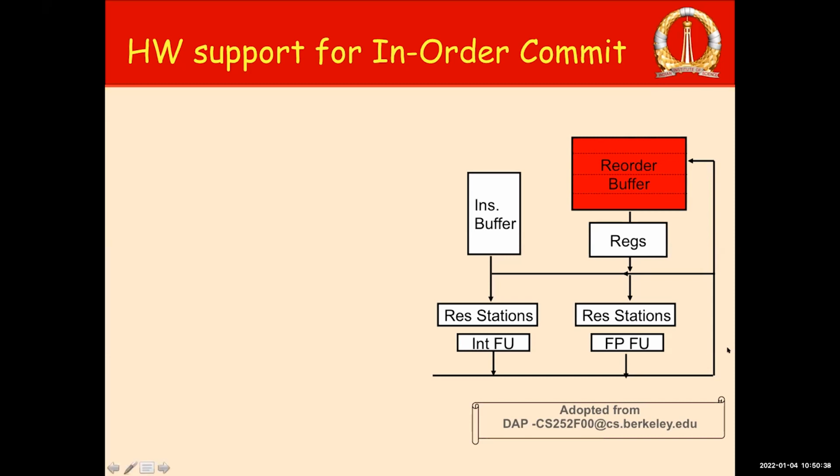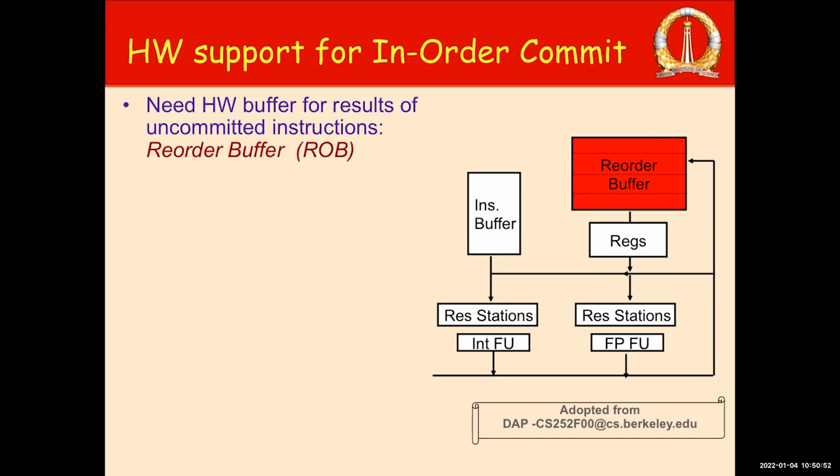So essentially, the reorder buffer is an in-between location where the result values are written, and the result values can be read from that in-between location for other future instructions and can be used for their computations. But the only thing is that the result value is not written into the R5 register. It will be written into the R5 register when that add instruction becomes the head of the reorder buffer.